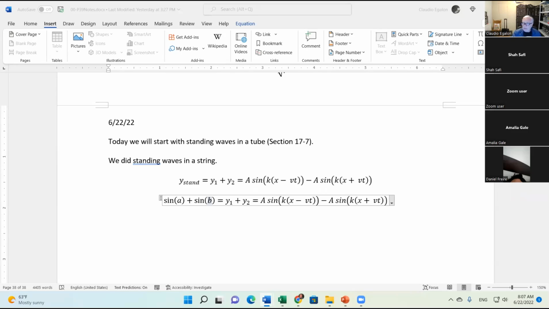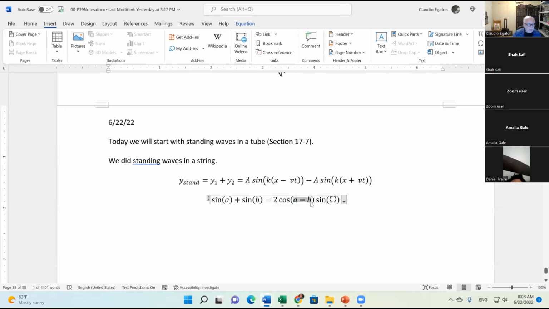Yeah, here you go. Sine of A plus sine of B, right? That's a very easy relationship to memorize. Sine of A plus sine of B is going to be 2 times cosine of A minus B divided by 2, by the way.